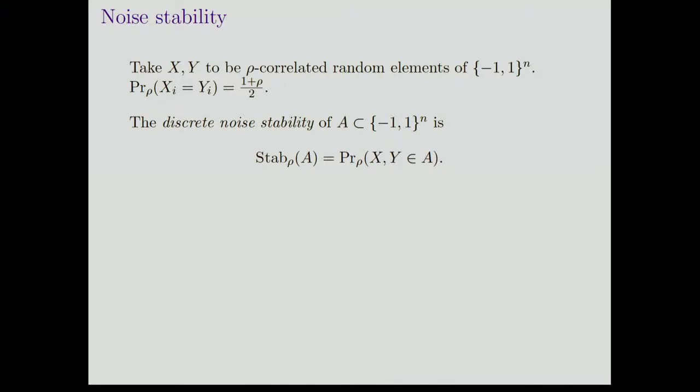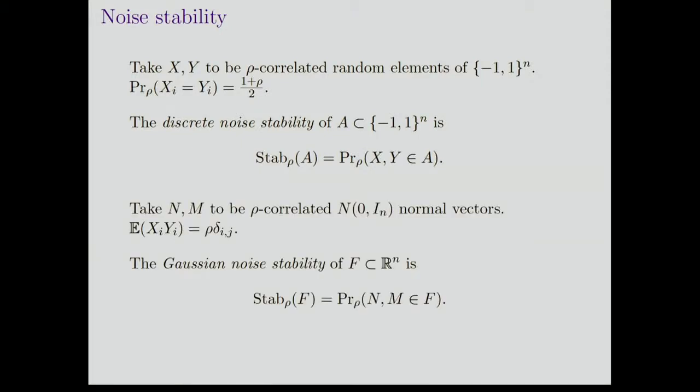So in the discrete cube, the noise stability of a function or of a set is the probability that when we take two random vectors x and y that have bitwise correlation rho, they both land in the set. And the Gaussian version is just what we just saw. So now we look at two normal random variables. Each of them is n-dimensional, standard, and the covariance between them is exactly what we've seen at Joe's talk.